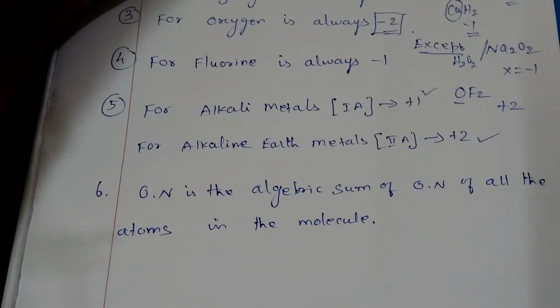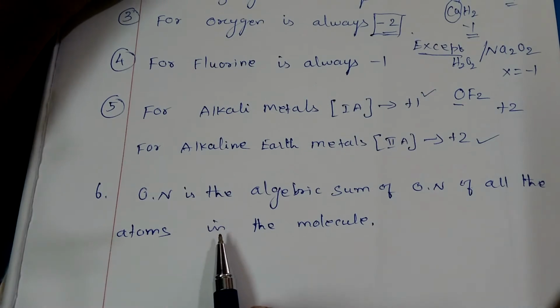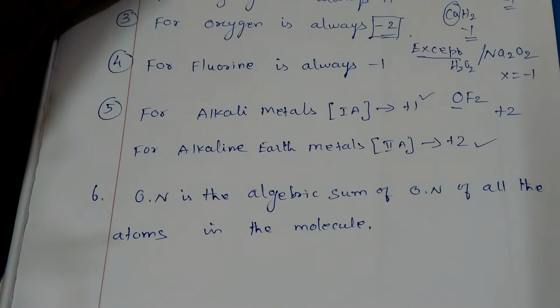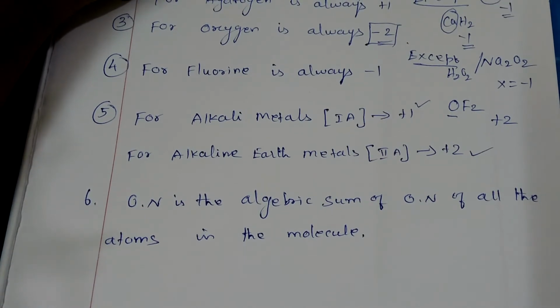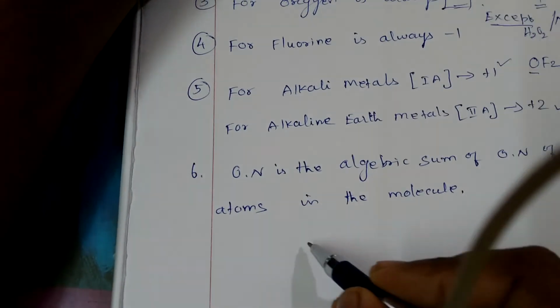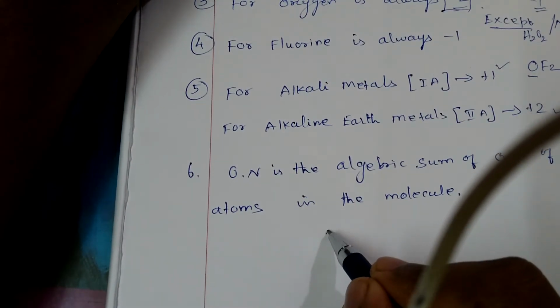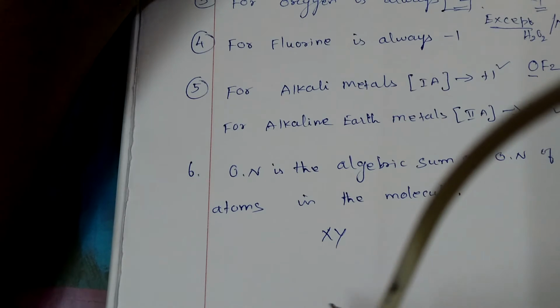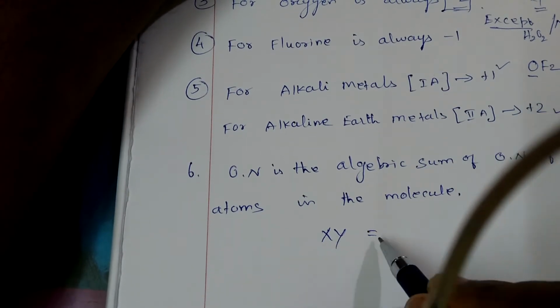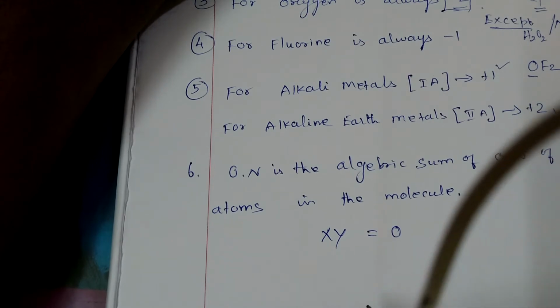The next important point is that the oxidation number is an algebraic sum of the oxidation numbers of all the atoms in a molecule. If a molecule consists of two elements X and Y, the sum of the oxidation numbers is always equal to 0.